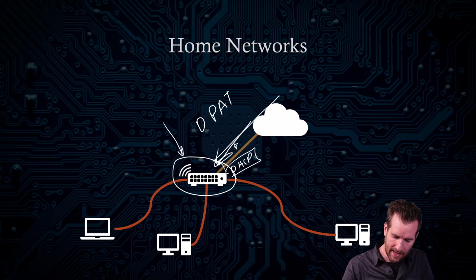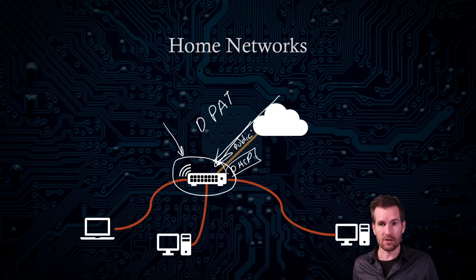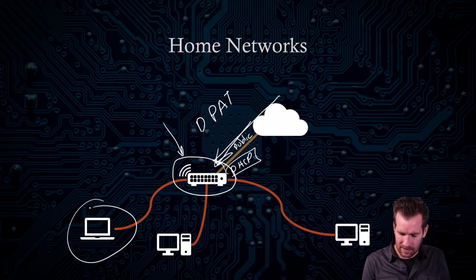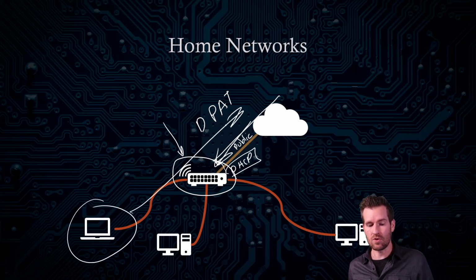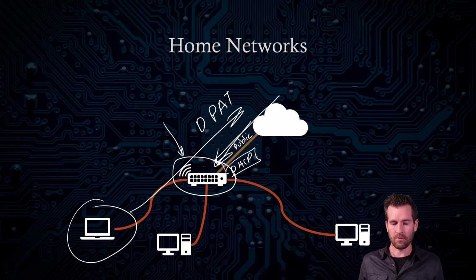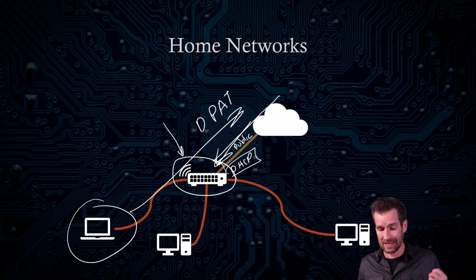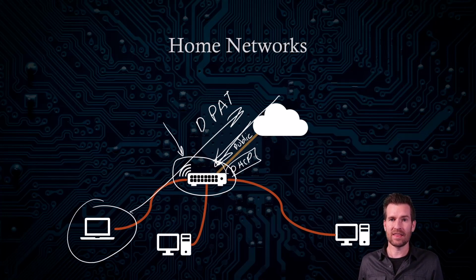It's a public address that is assigned to it, and then it dynamically uses this dynamic PAT in order for all of your machines on your network to get to the outside world. So that's how it works.